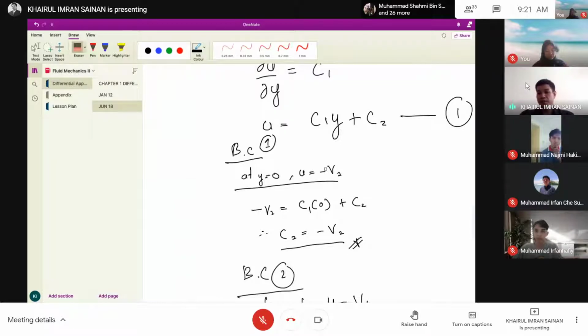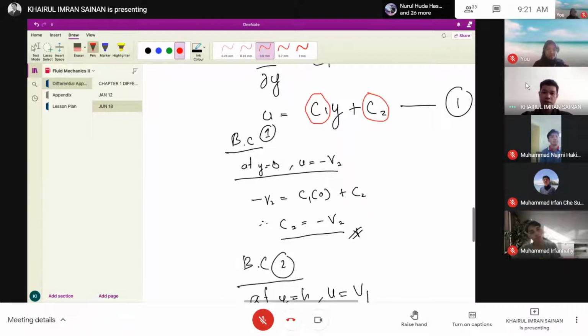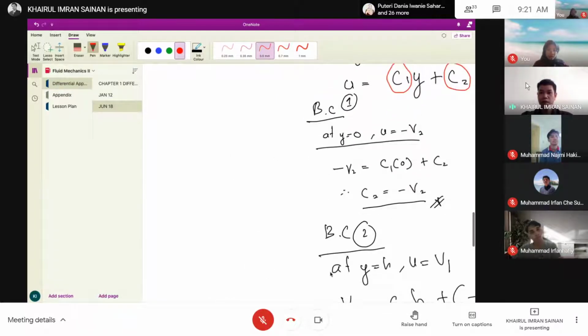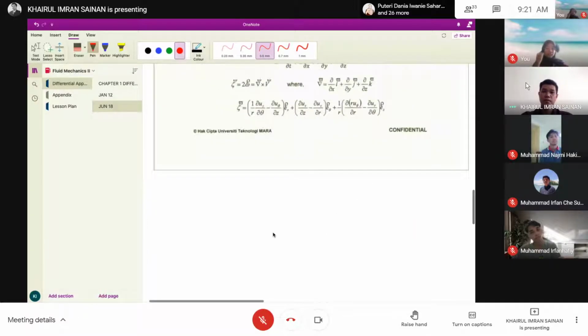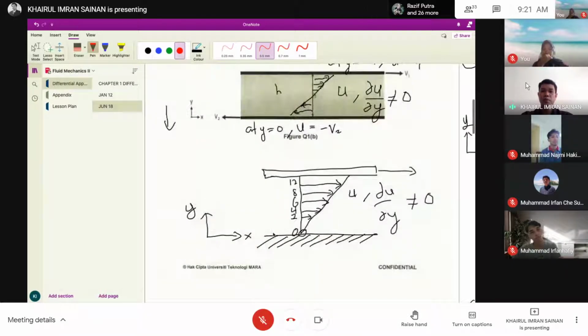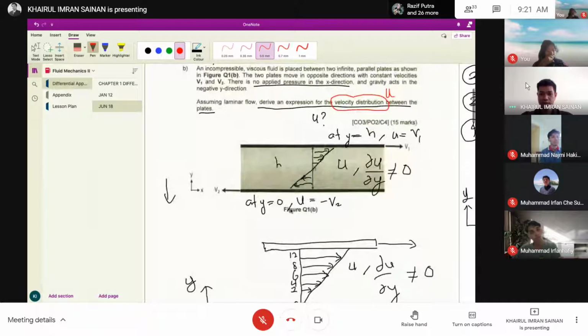So we haven't yet completed our velocity distribution equation, because we want to know what our c1 and c2 are. We need to find these unknowns. How are we going to find them? We are going to use boundary conditions, BC1 and BC2.